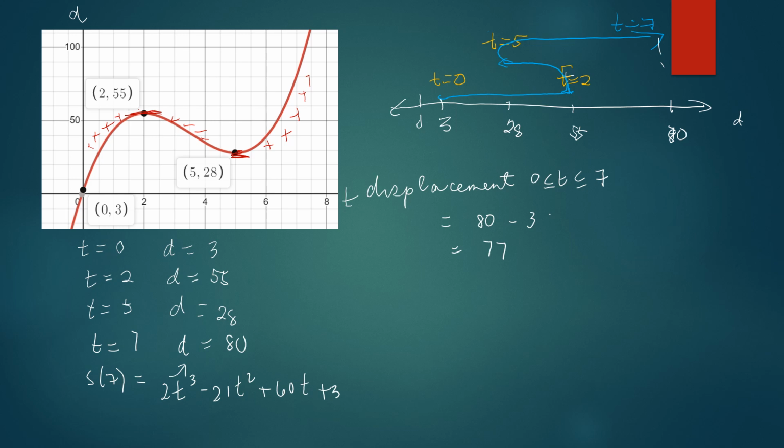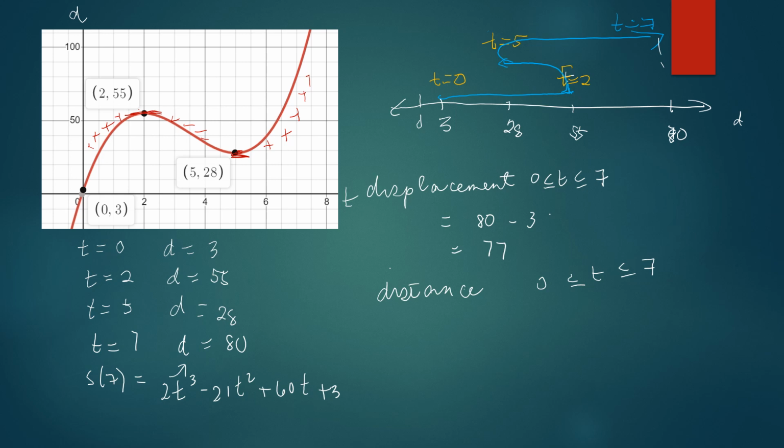The next question is, what is the distance covered from time 0 to time 7? From where your time is equal to 0 until it's equal to 7, we will compute all the distances.